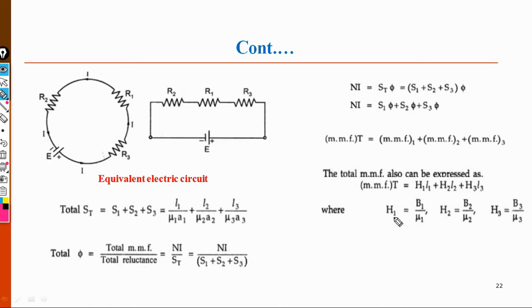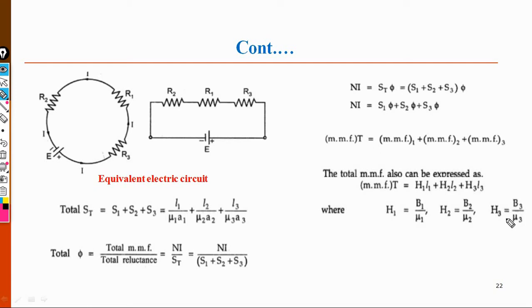Also, the magnetic field intensity is the ratio of magnetic flux density upon permeability, that is H1 is equal to B1 upon mu1, H2 is equal to B2 upon mu2 and H3 is equal to B3 upon mu3.